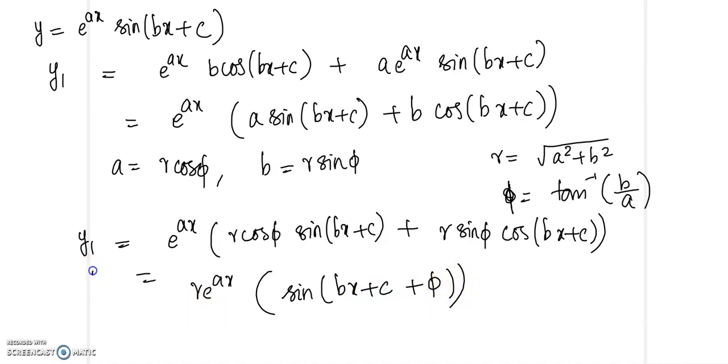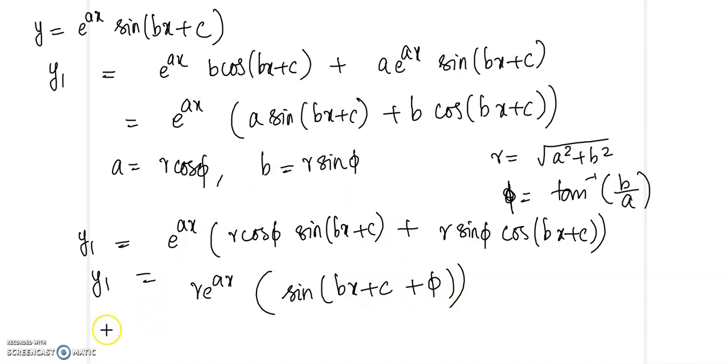Okay, so therefore y1 is of the form that we started with, y equal to e raised to ax into sin(bx plus c). Once we use the substitution, y1 again reduces to that form. So we will get r e raised to ax sin(bx plus c plus phi).